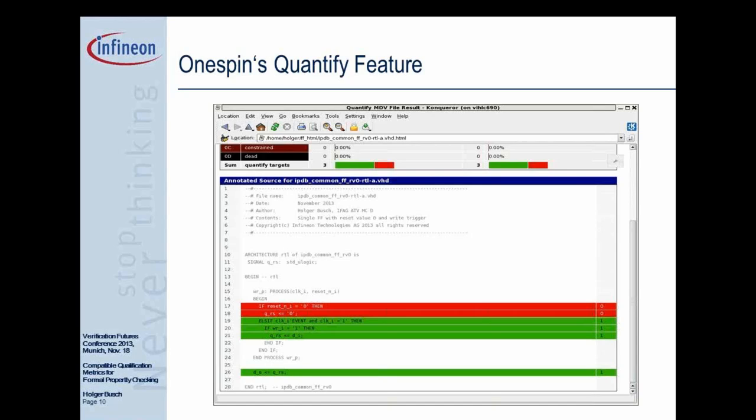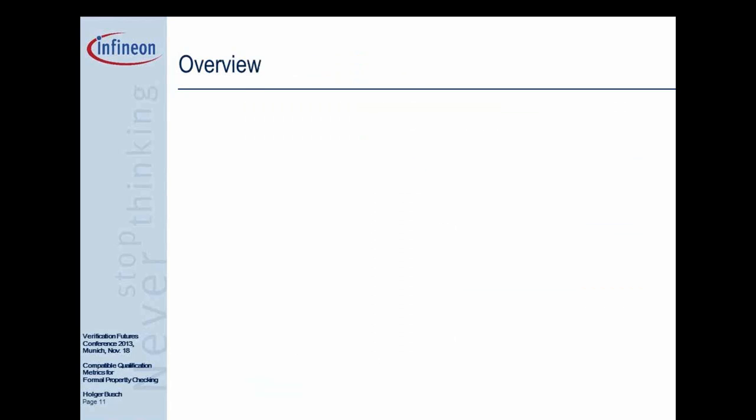But if you then say yes, it has the previous data written to it, then you also have to cover the assignment. But even if everything is green here, this is not sufficient. If you just add a reset property, but don't have a property for the non-write case, so that the flip-flop just keeps its value if there's no write command, then all the code is covered, but it's still not complete.